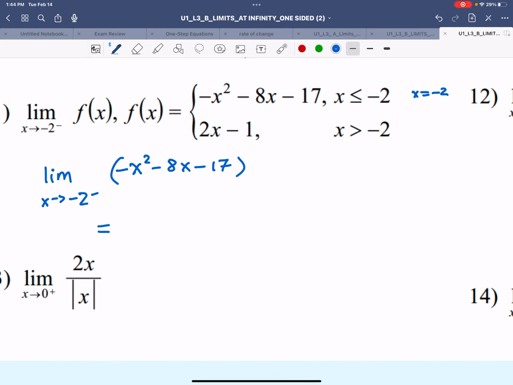So now this is going to be quite interesting because as you can see in here, we are going to end up with one-sided numbers. Let's see by direct substitution what we obtain. So we have -2 minus to the power of 2 minus 8 times -2 minus and then minus 17.